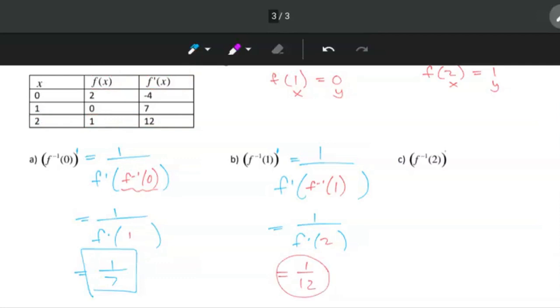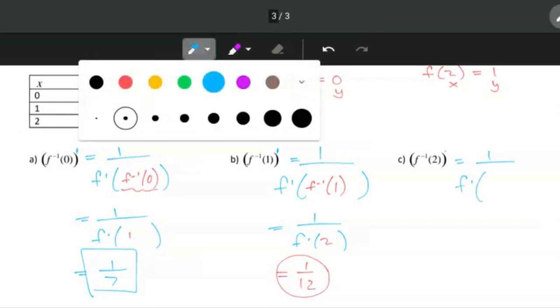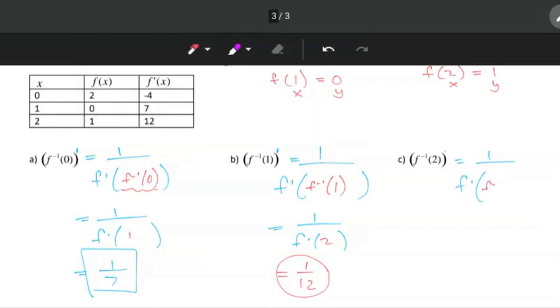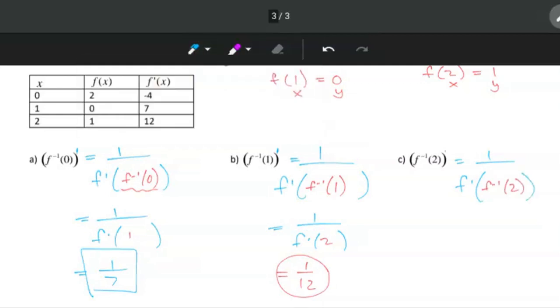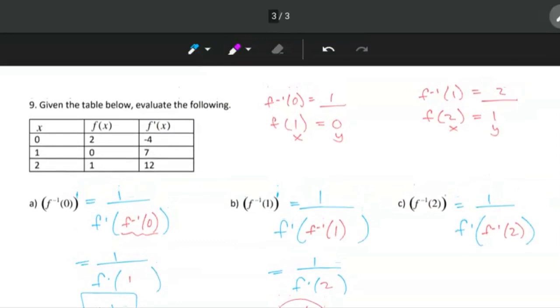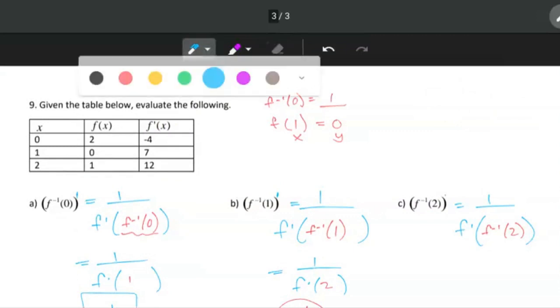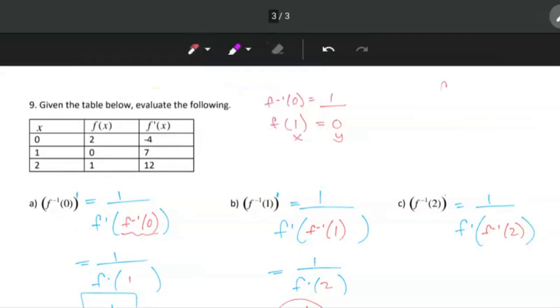Of the inverse of 2, again, it's 1 over f prime of the inverse of 2. And I would figure out that inverse of 2 first. Kind of running out of room, I might erase up here. So I can do that inside function first, right? Inverse of 2 equals blank is really like f of blank equals 2. We need the x value that goes with a y value of 2.